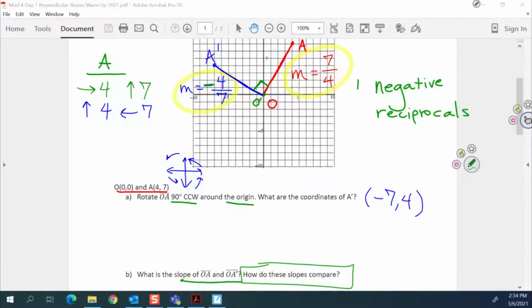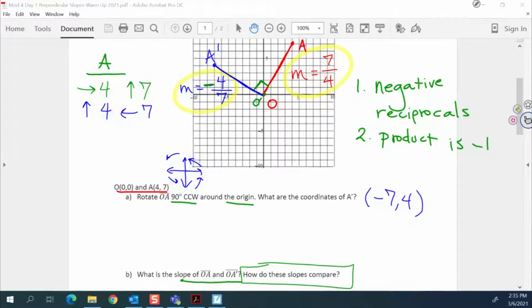The second thing is equivalent to it, but another way of thinking about the same thing: if you multiplied 7/4 and negative 4/7, you would get negative 28 over 28, which equals negative 1. These two things happen. We get negative reciprocals whenever we have lines that are perpendicular. And the second thing, if you took their slopes and multiplied them, then the product would be negative 1.